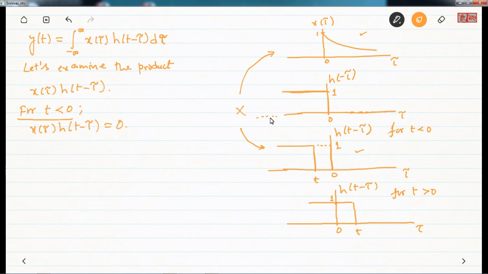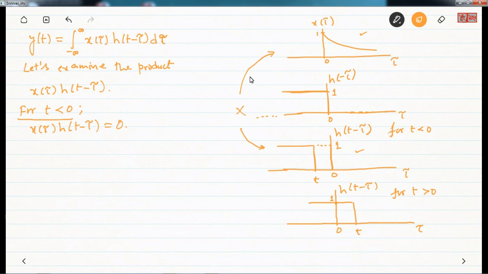This is the geometric way of doing convolution. A geometric interpretation of convolution is very, very important, because you can also solve this just by algebraic manipulations, by solving these equations, but having geometric understanding will help you in solving these problems simply.